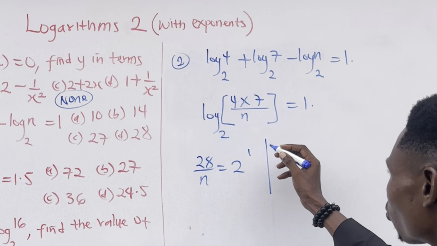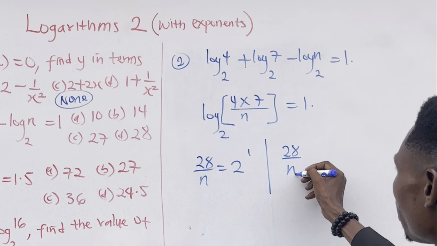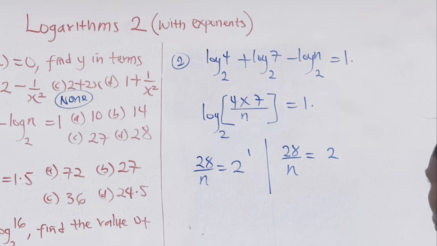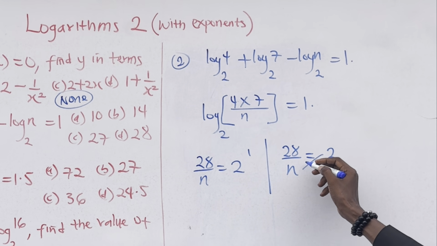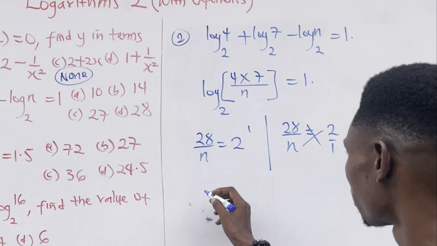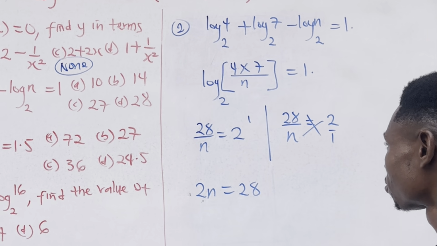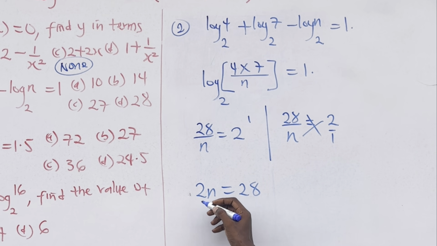So 28 over n equal to 2 over 1. So we can cross multiply. From here, 2n equal to 28. And now we can divide both sides by 2.